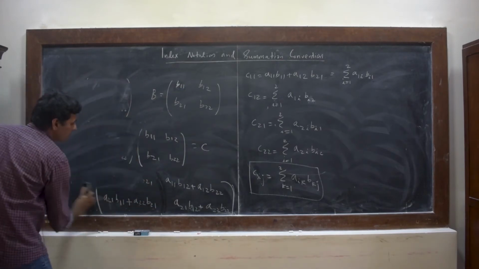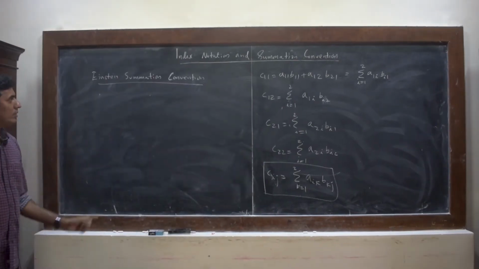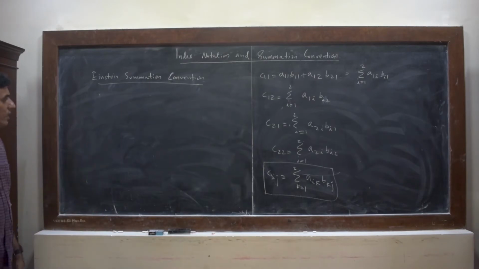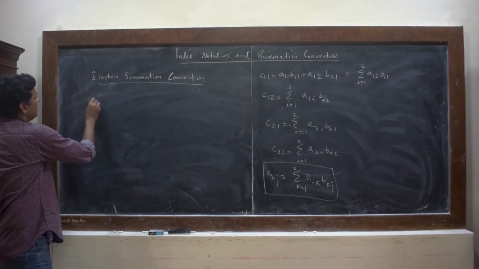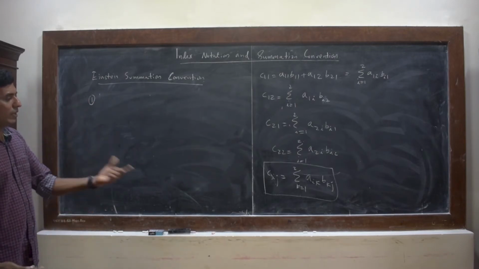Now I will introduce what is called the Einstein summation convention. There are 3 important points. The first point is that you will generally have equations like this.